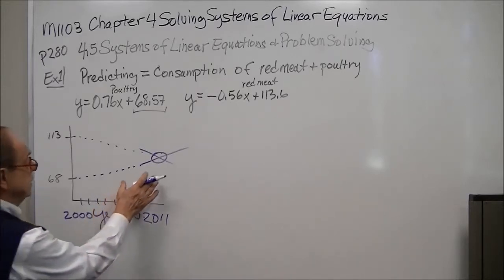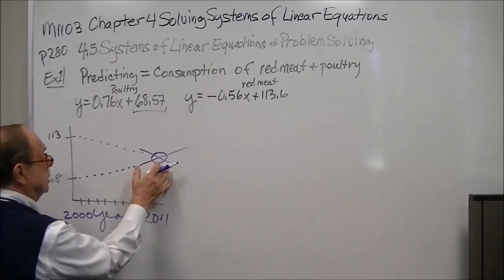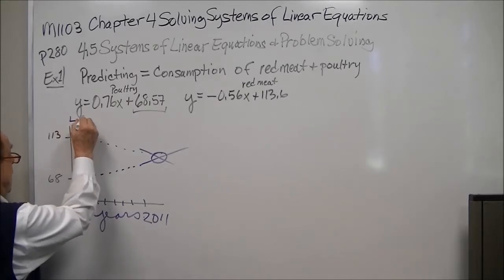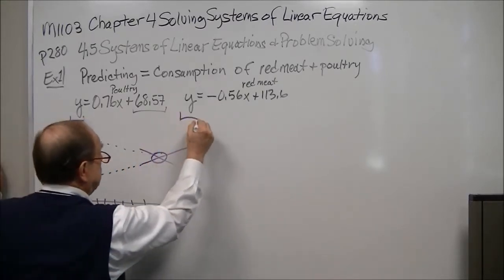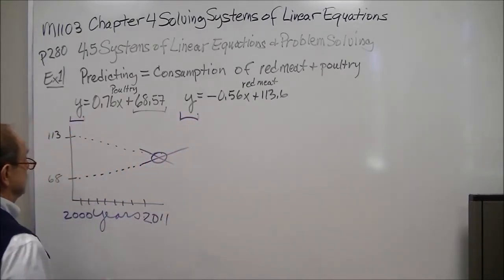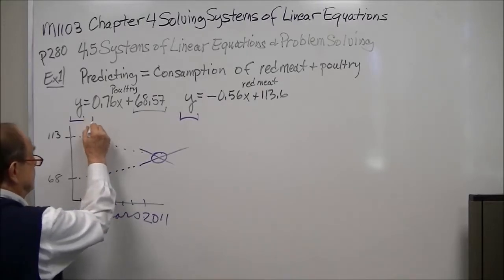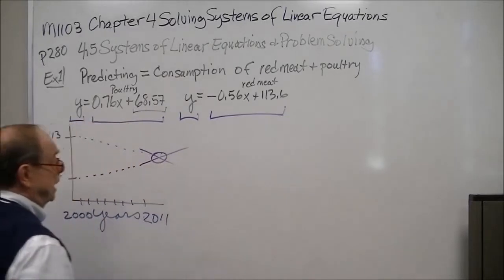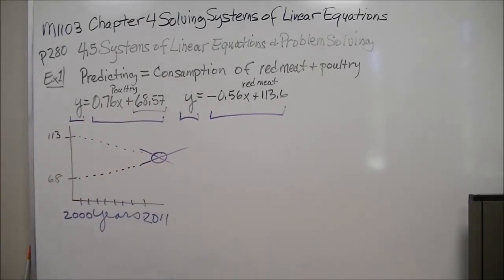But where in the future will these lines intersect? And what technique can we use to solve these equations? Now you might have noticed something, that this is y and this is y. So in a sense, this equals this. And that will be our equation.